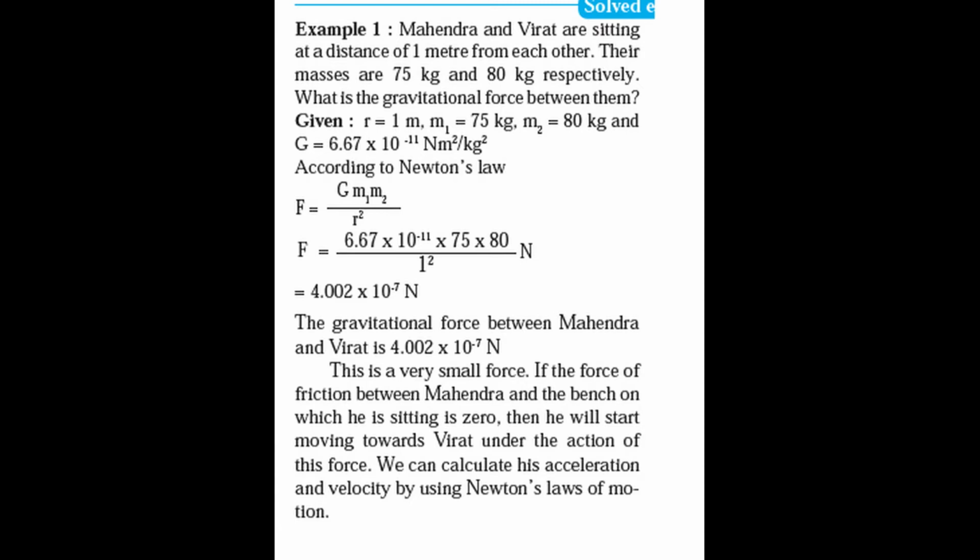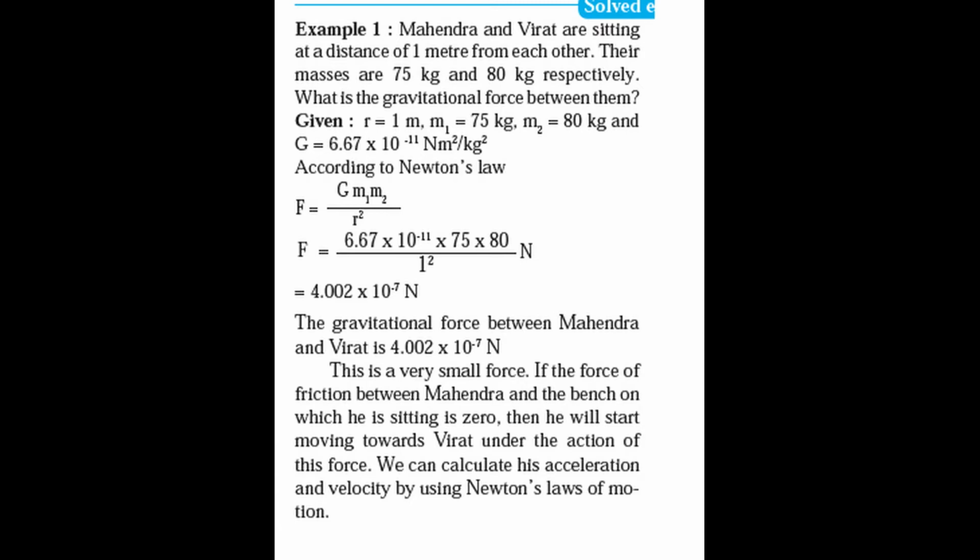And if you put everything together, F, which is the gravitational force, comes to be 4.002 times 10 raised to minus 7 newtons. That's the gravitational force between Mahindra and Virat. Though this is very small, it does exist between two objects.